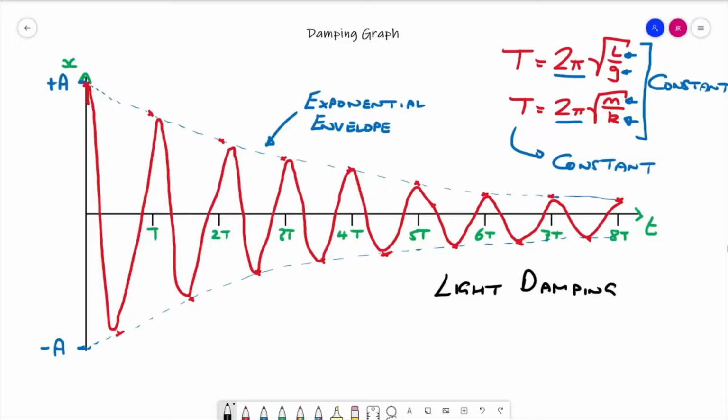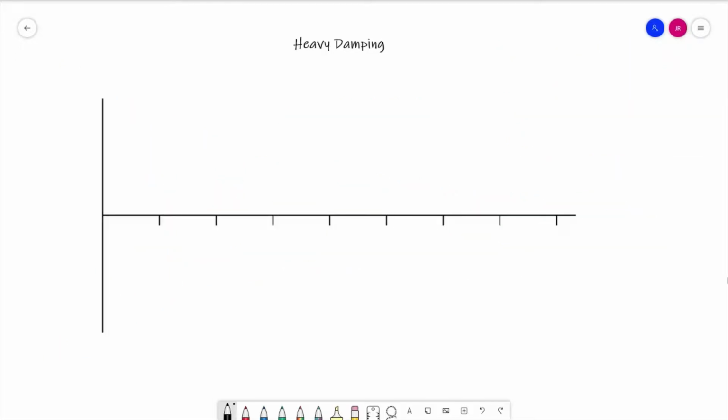In other words, light damping is when those resistive forces are relatively small, smaller than the force that's actually causing the system to move in simple harmonic motion in the first place. Now, of course, if the previous example was known as light damping, which is the damping that's going to happen to the vast majority of SHM systems that we care about, then obviously the opposite of light damping is going to be heavy damping.